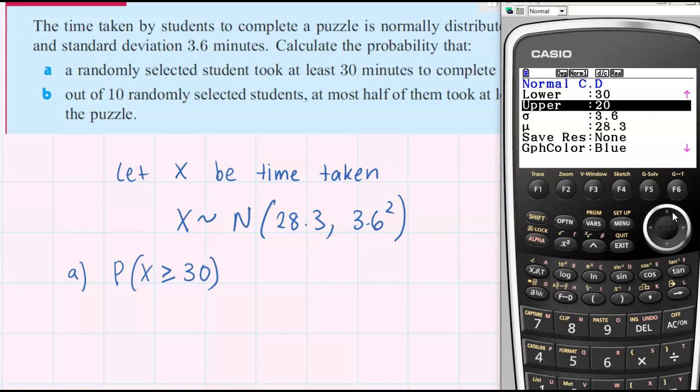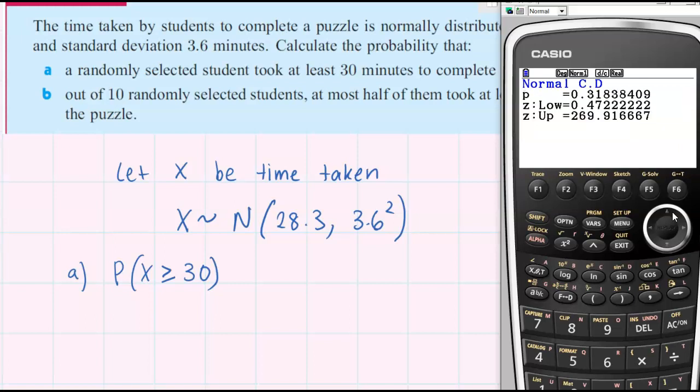Also fine. I don't know if your calculator will like that, but you can try it. You just want it to be ridiculously large because that normal distribution can have that really rare outlier on either end. So you just make it really large to make sure that it is covering. All right, so we get 0.3184.